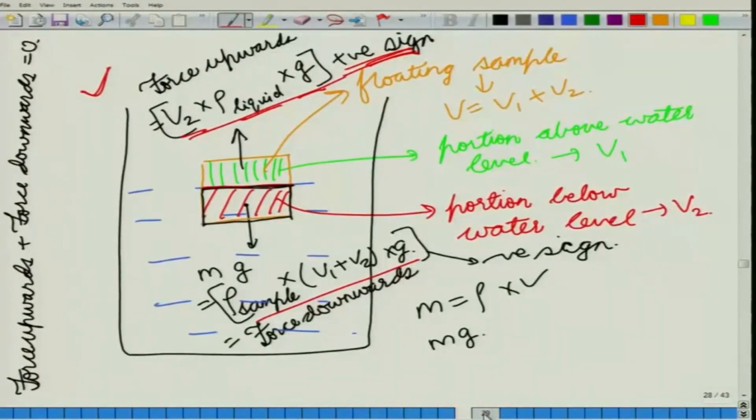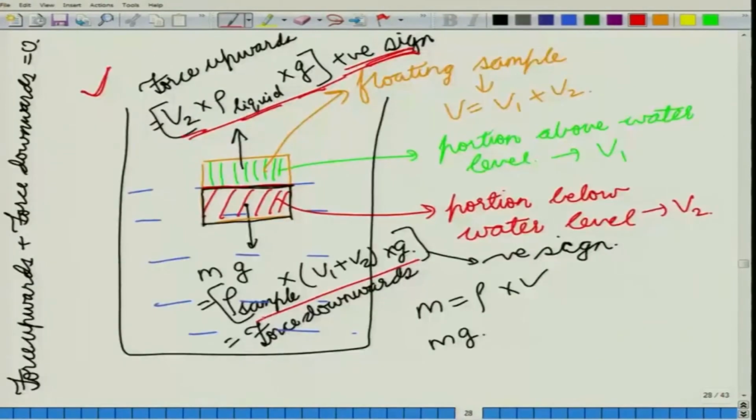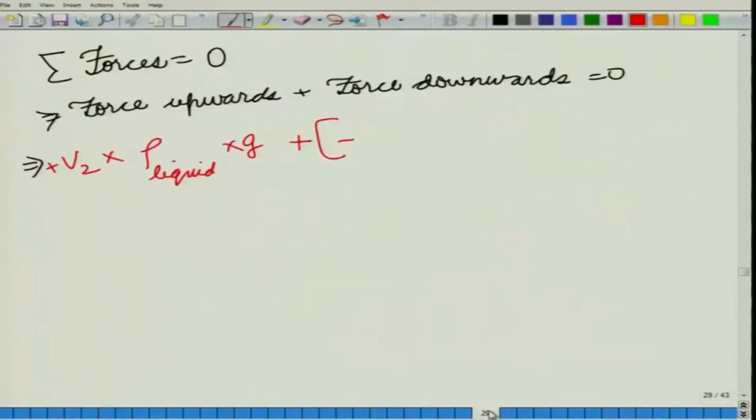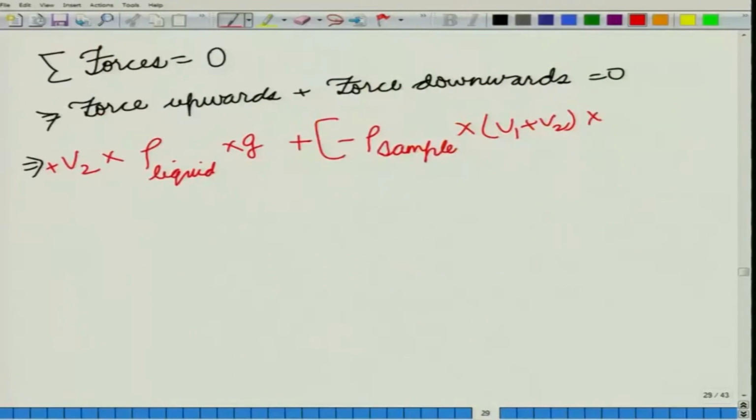So, the force downwards has a negative sign: minus rho of sample into V1 plus V2, multiplied by G, is equal to 0.